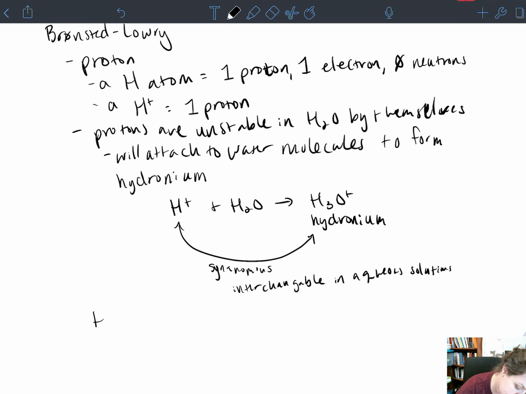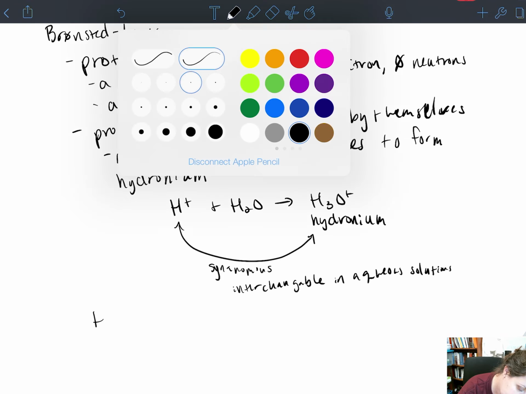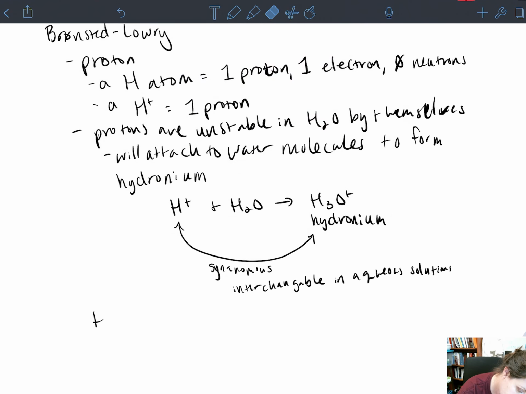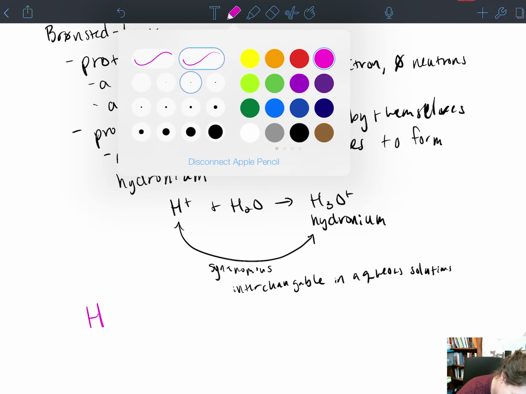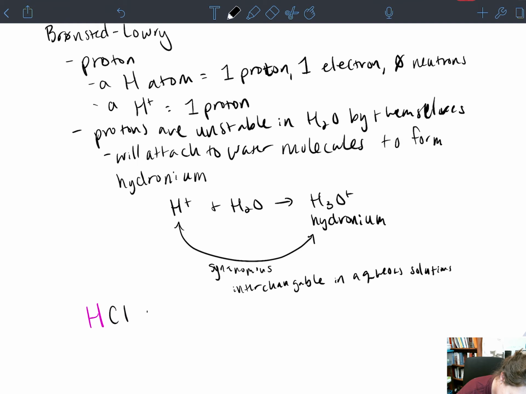Okay, so a little bit more about Bronsted-Lowry acids and bases. If we have an acid, such as HCl, it can react with water and produce hydronium.